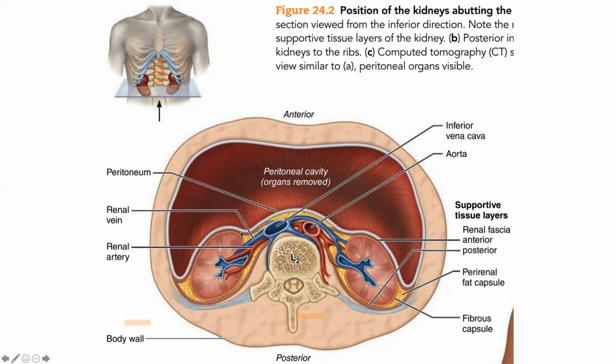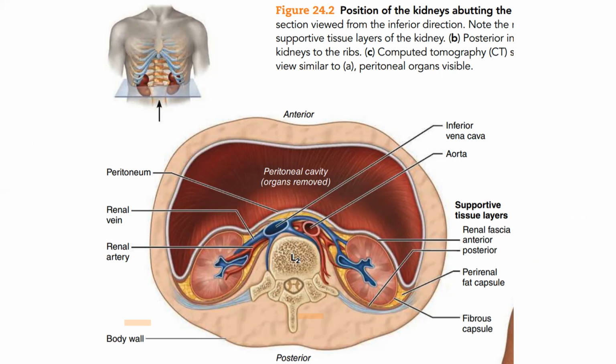They are behind the peritoneum, and therefore they are called retroperitoneal structures. This is the right kidney, this is the left kidney, this is the blue on the right, which is the inferior vena cava, and this is the abdominal aorta, which is on the left side. And therefore, the left renal vein is far longer than the right renal vein.